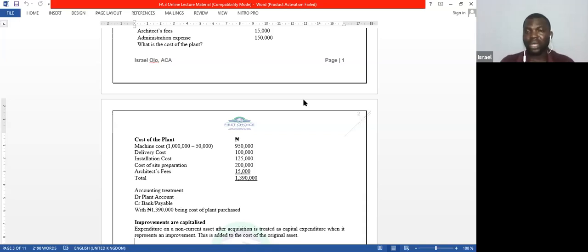Then after 2 years, you carry out a major maintenance on it, and that maintenance increases the span. It's expected to last for 5 years. Now, it has used 2 years, so it's expected to last for the remaining 3 years. And after you have done your maintenance, you notice that 3 years is too short. That is going to last for maybe the next 5 years.